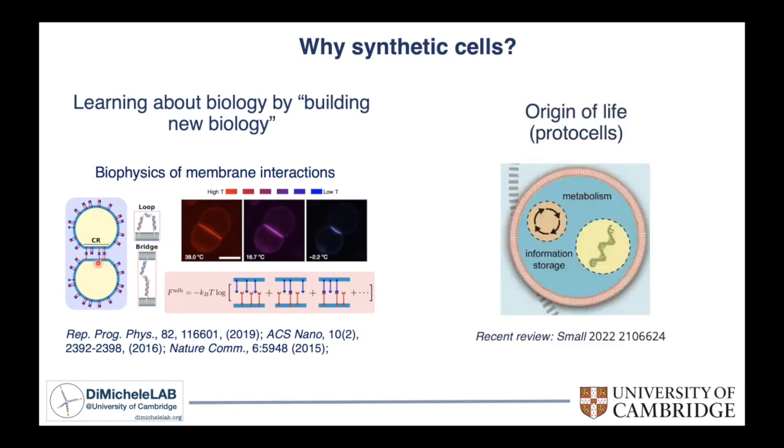There are many in a slightly parallel community looking at protocellular models, which are built in a way that is realistic with what people think the chemistry would have been in the early planet, in order to study the emergence of life and prebiotic evolution.